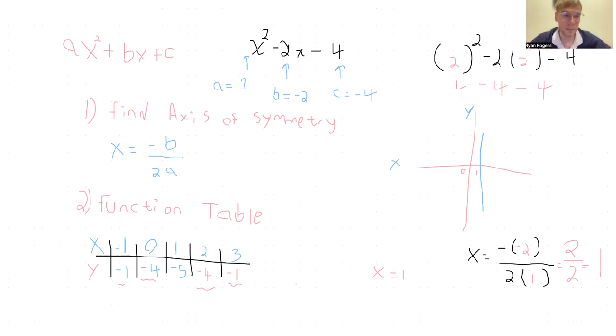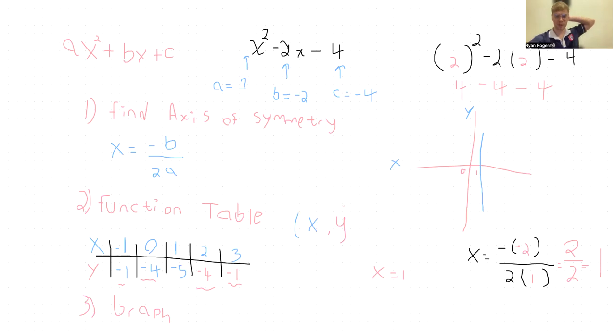The last step, step three, is graph. That's it. So now I have my ordered pairs. That means that I have X and then I have Y, right?